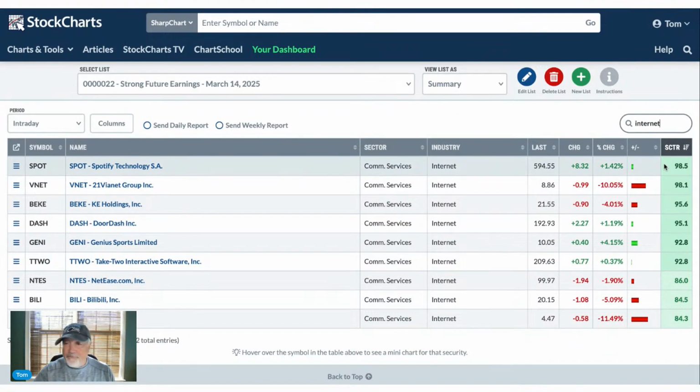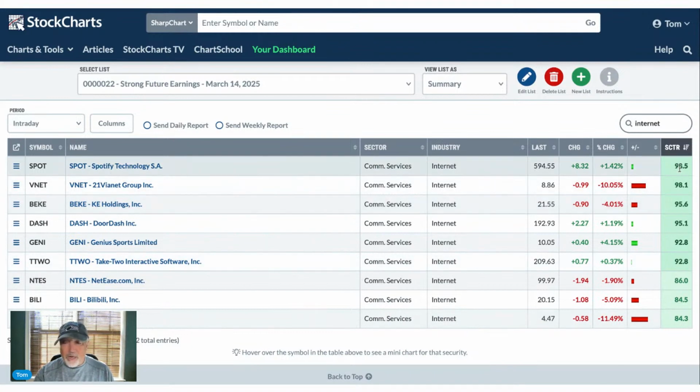If it is set up in SCTR order, which is the one I had already highlighted, the SCTR column is the one I wanted to focus on. You can see all of the internet companies on our strong future earnings chart list, which are solid technical performers, and here's their current SCTR score. The lowest on here is 84.3.